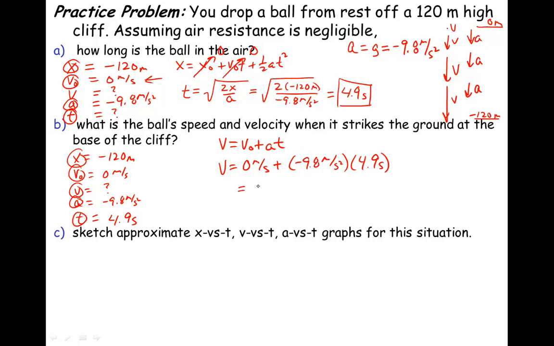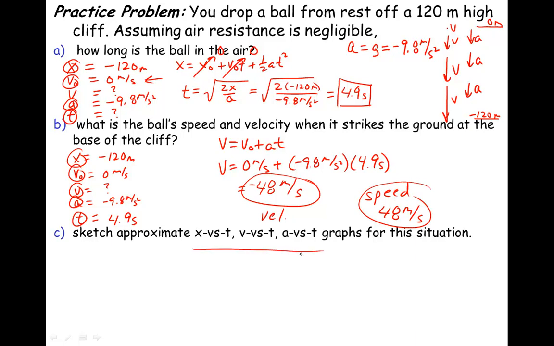And we get a value there of negative 48 meters per second. Now that would be the velocity because that gives us the direction. But if we were just looking for the speed, we would leave the negative sign out and just say 48 meters per second without any positive or negative in front of it. And the sketching of this, we'll do that part in class.